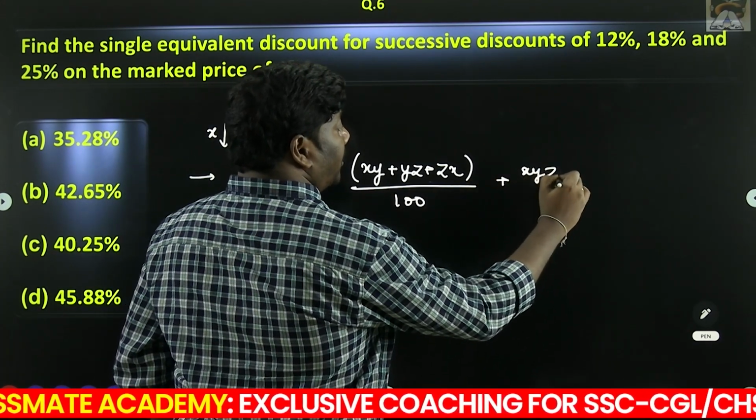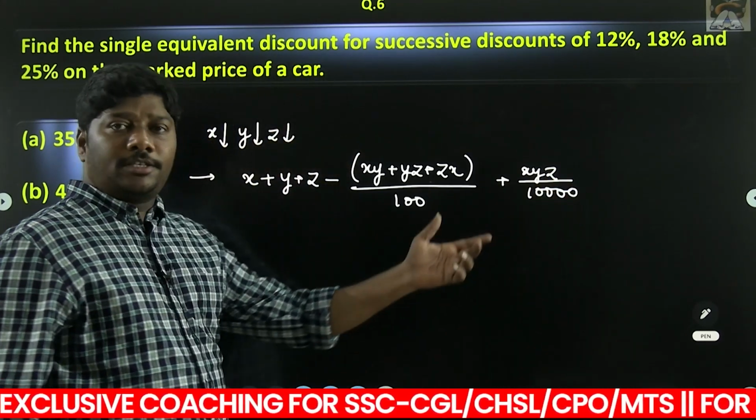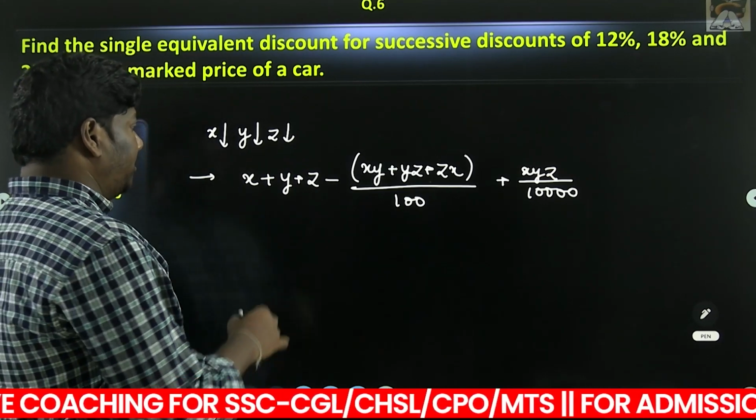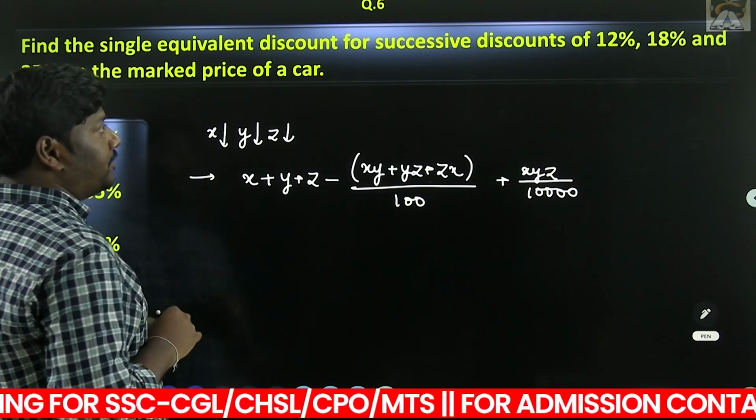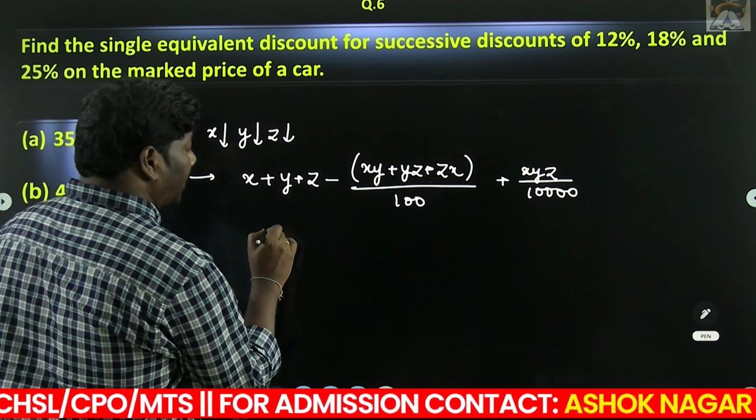But this is not that important because it just varies in decimal points, so you don't care about it. So you take X plus Y plus Z. How much is X plus Y plus Z? That is 55.